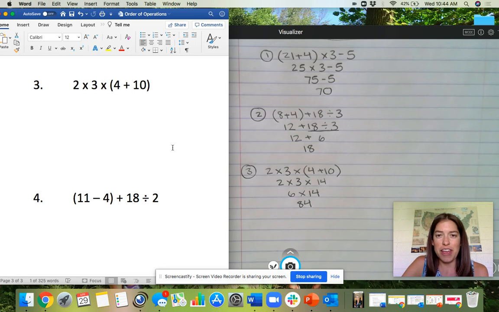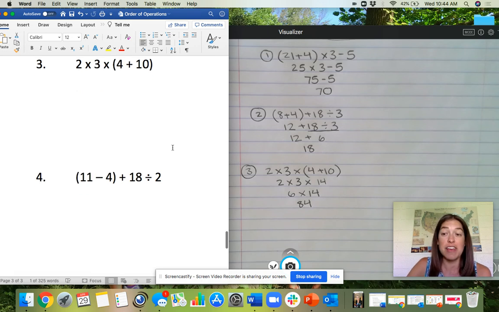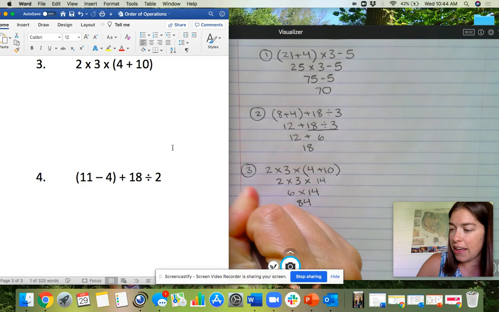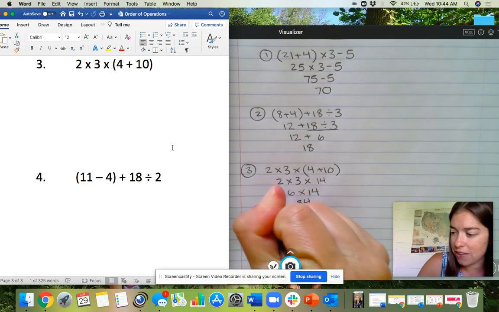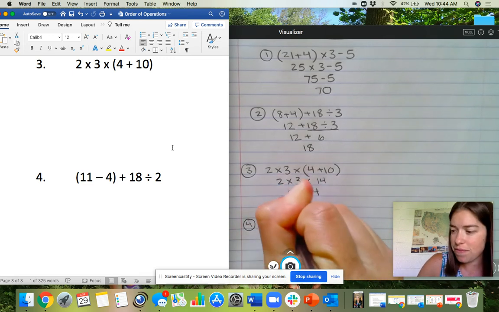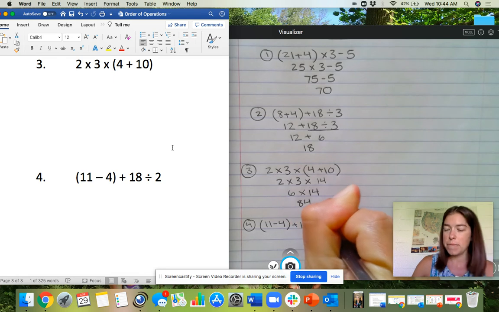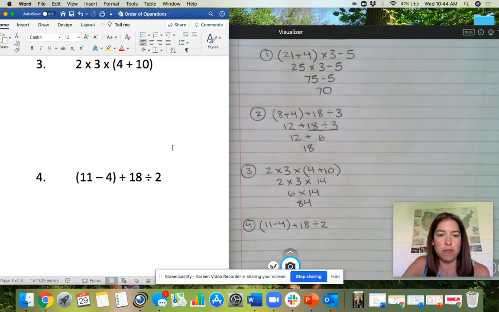All right, how great. You already have 3 correct answers for what will be on your independent practice because you've taken such great notes. Plus, you're getting the hang of order of operations. Moving on to question 4. You know the drill. Go ahead and write it down exactly as it is written. (11 minus 4) in those parentheses plus 18 divided by 2.